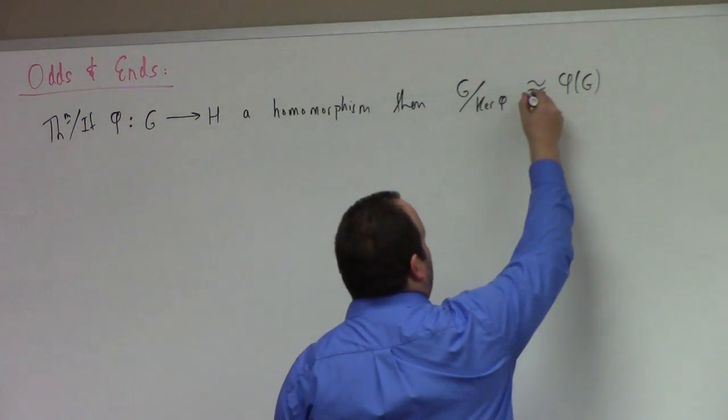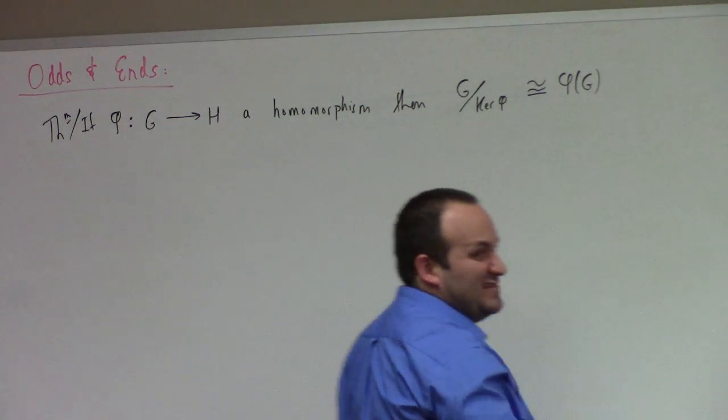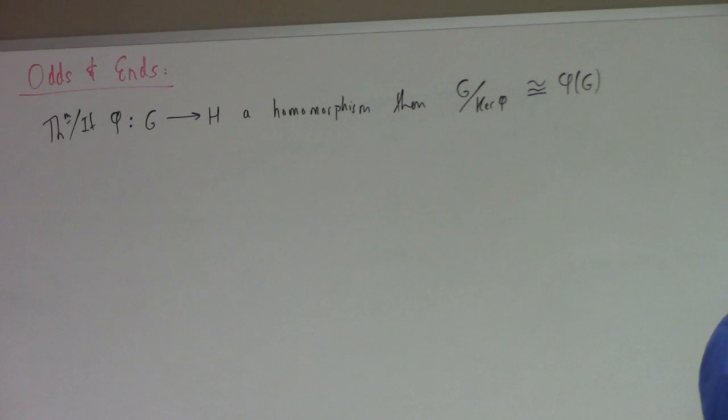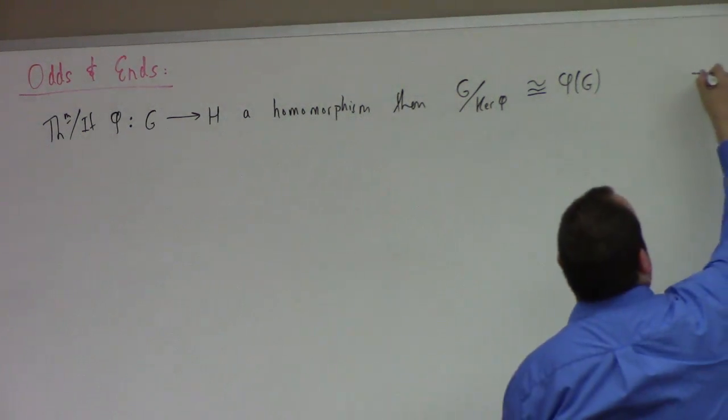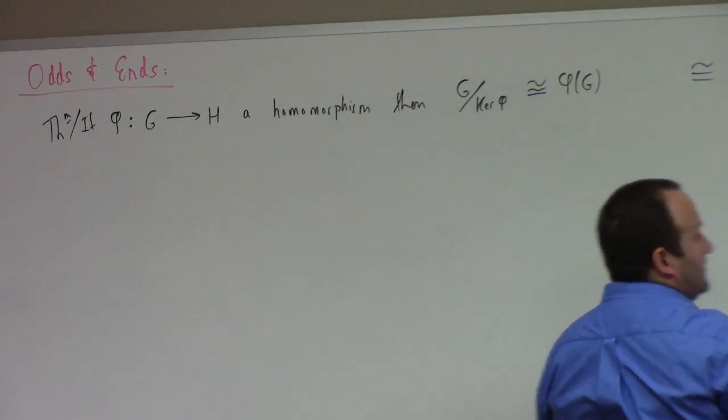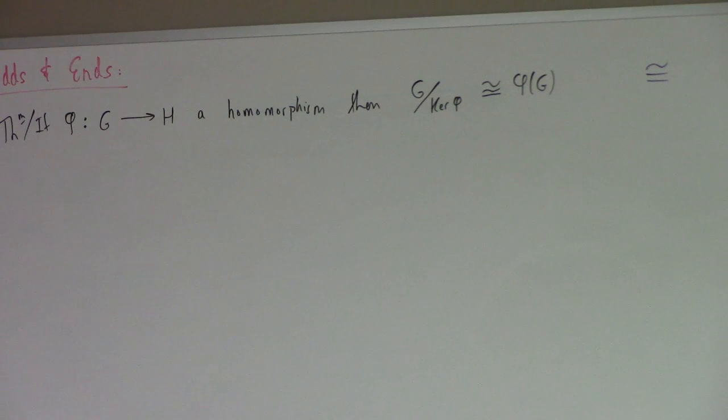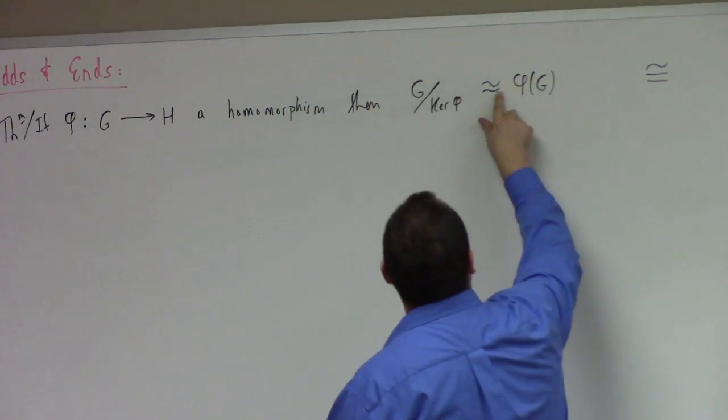But I really should be writing this here, or perhaps this symbol, for isomorphic. Do you guys want to change it at this point, or stick with the squiggle for isomorphic? All right, well, we're too far in.